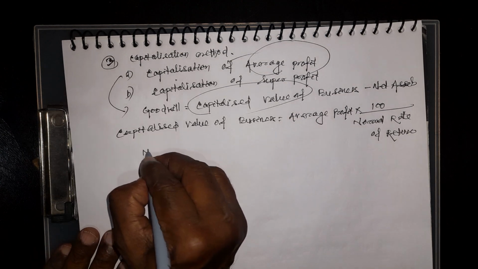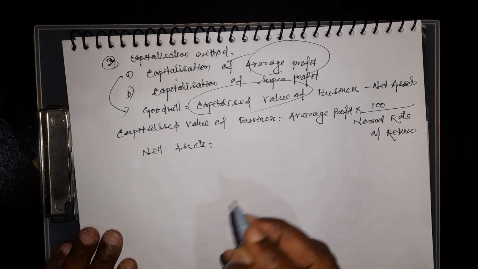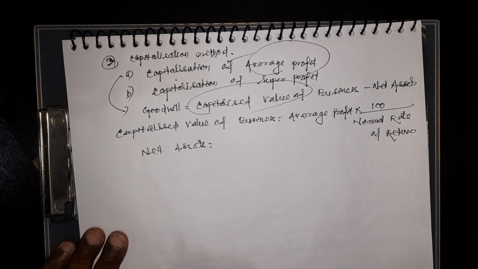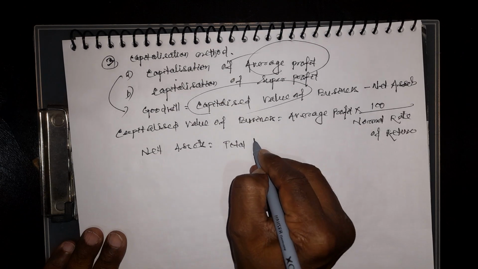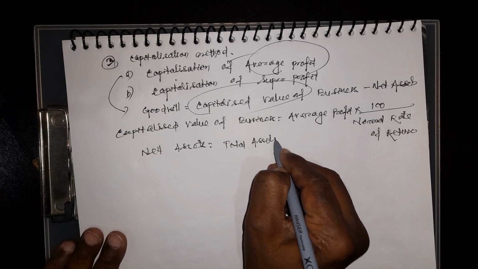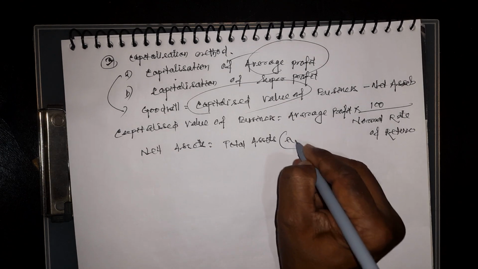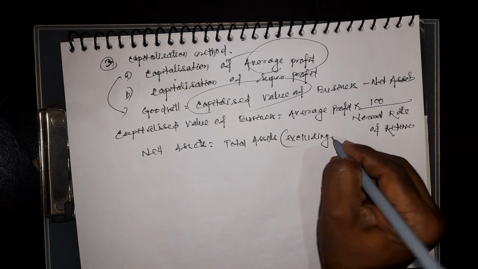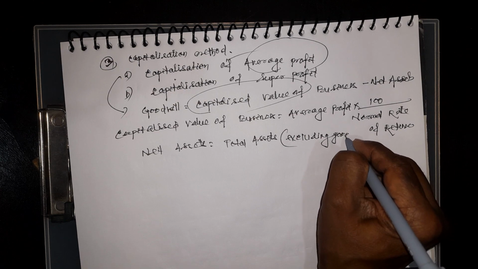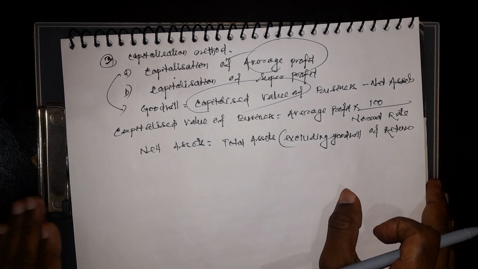And already I told you about net assets. How will you calculate net assets? Net assets means total assets excluding existing goodwill and fictitious assets, minus external liabilities. So this is another formula. Excluding goodwill; you may be confused about this goodwill. Existing goodwill means already, suppose in the question it is given.